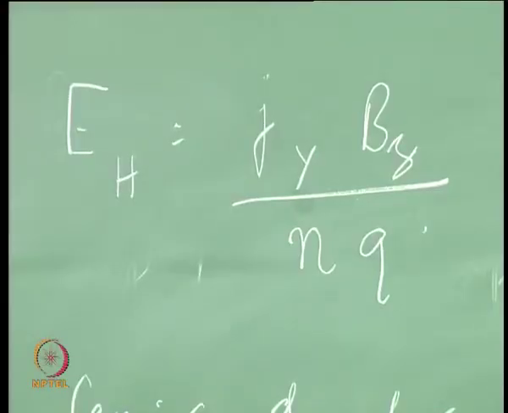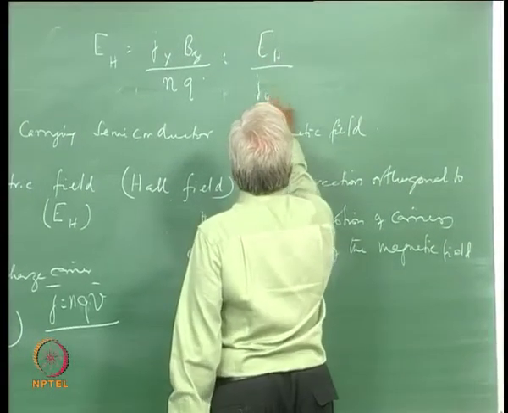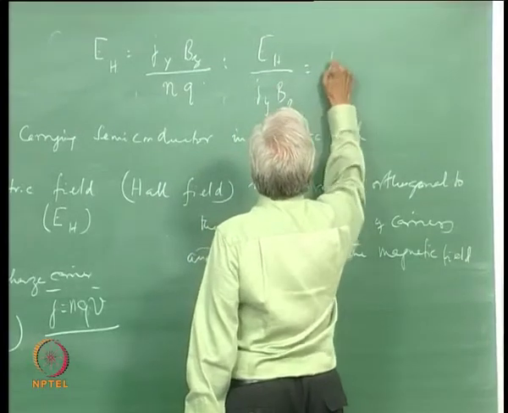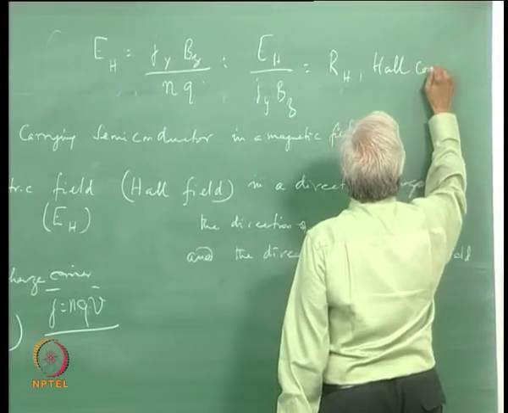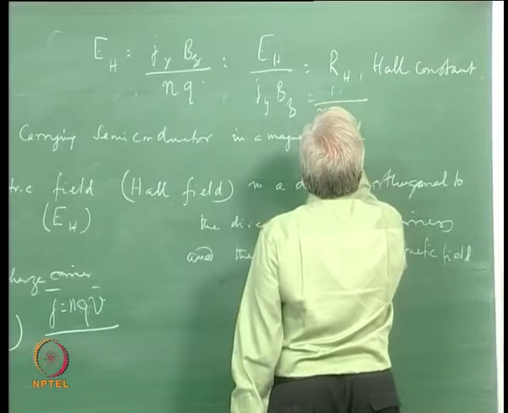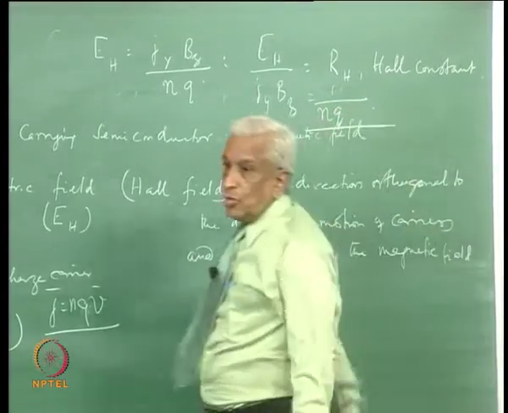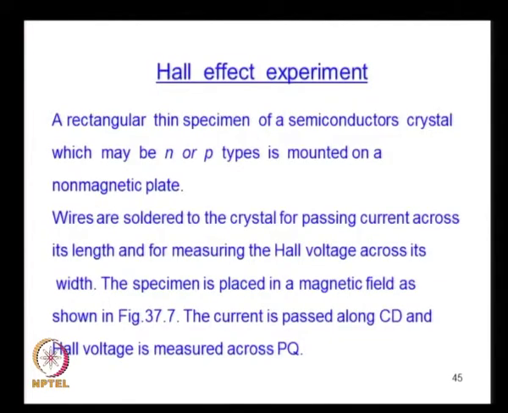So, this E h by J y B z is known as Hall constant, and that is readily seen to be just 1 by n q. So, this proportionality constant is what is seen here, and therefore, the Hall voltage can straight away be calculated.